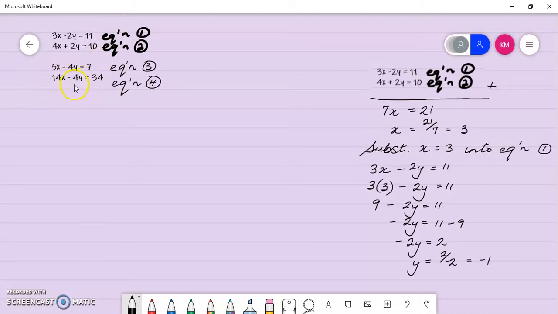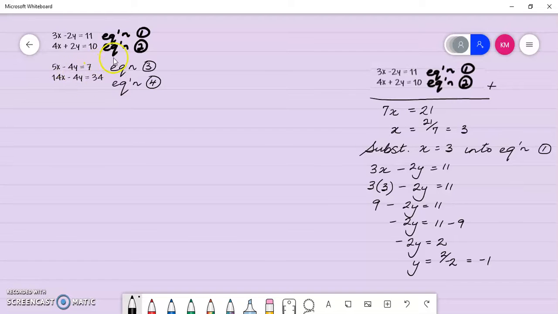I can see that I have the same coefficient in both equations, that is, if I ignore my signs. And I can either add or subtract both equations and use the elimination method to solve for this.